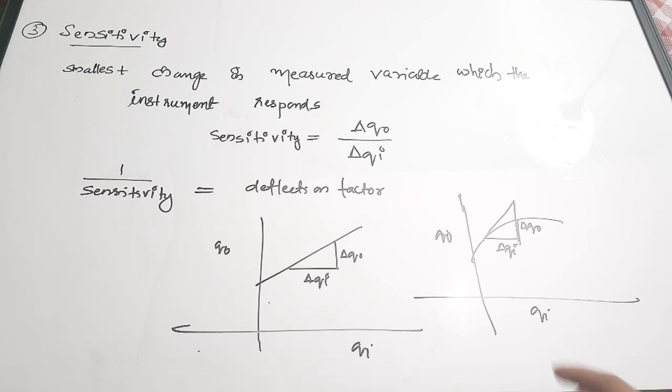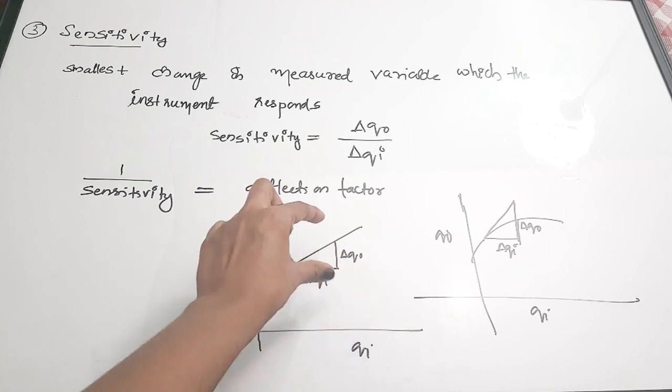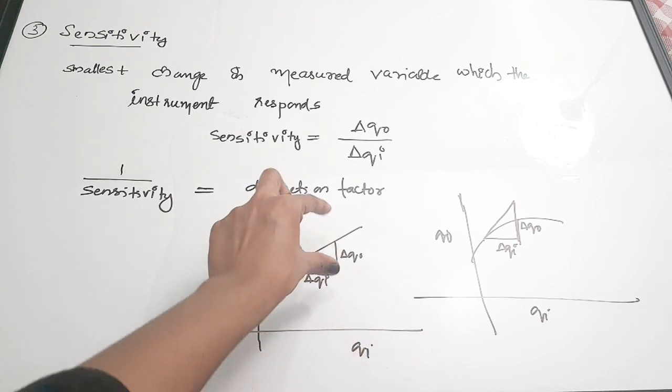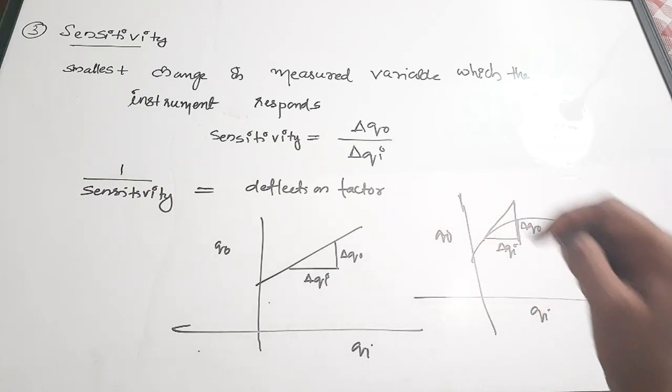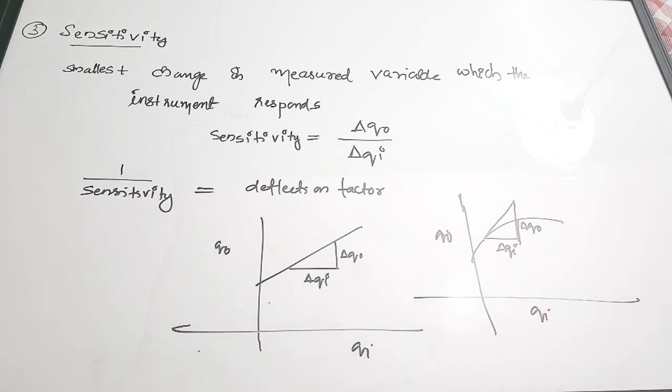If you take two graphs, this is an output to input graph of two measurements or two devices. Here you can see that delta Qi is comparatively large and delta Q0 is small, meaning it has less sensitivity. The denominator is larger and the numerator is small, so sensitivity is less.